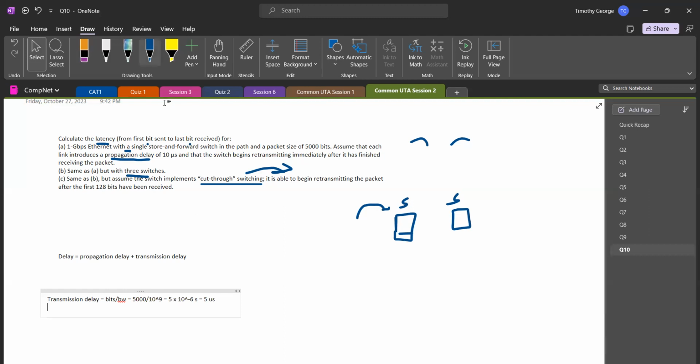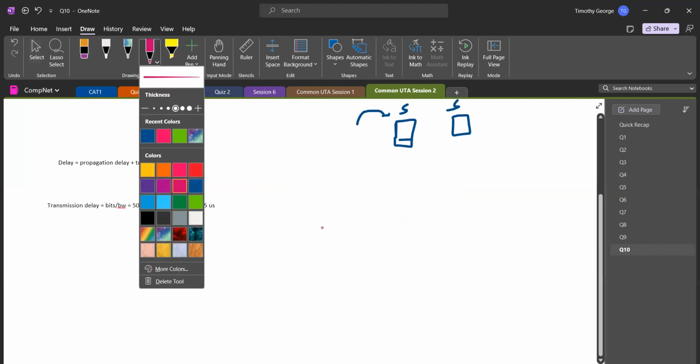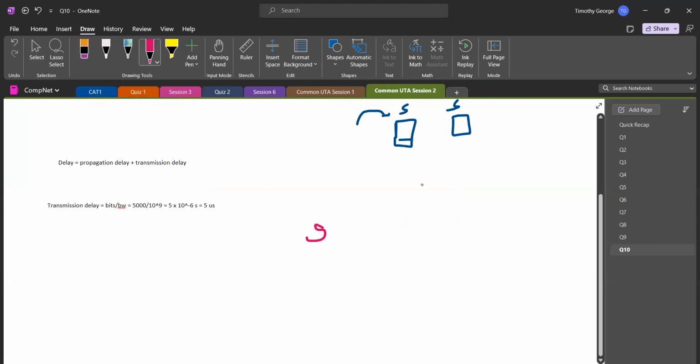Now let's draw the diagram, first bit sent to last bit received. So it's not just switching; let's look at the whole diagram. You have a sender, you have a switch, and you have a receiver.